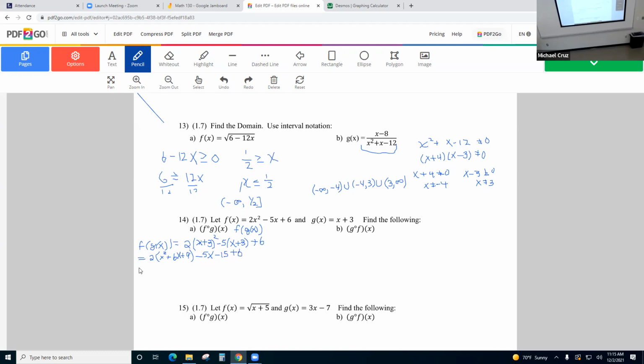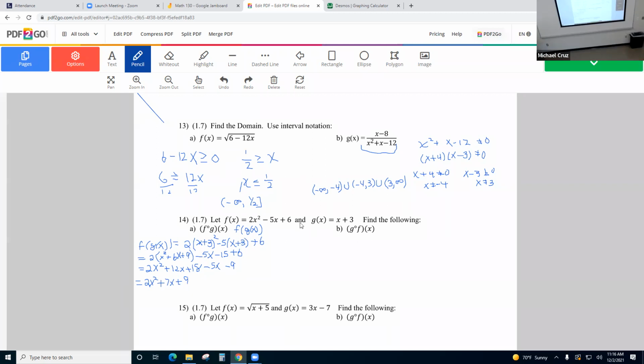All right, so then it's 2x squared plus 12x plus 18 minus 5x. See, this is 15 and 6, so this is minus 9. All right, and so then 2x squared is all by itself. The 12x and the minus 5x give us plus 7x plus 5.